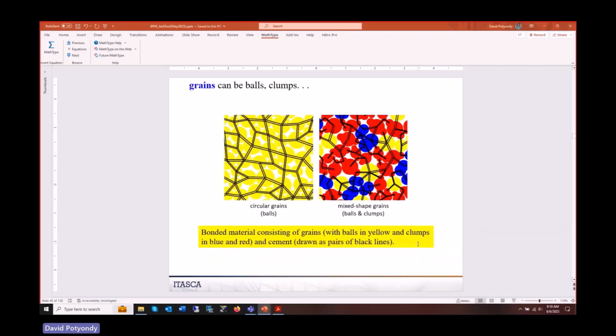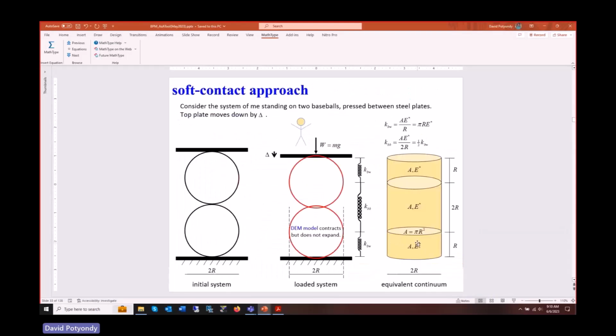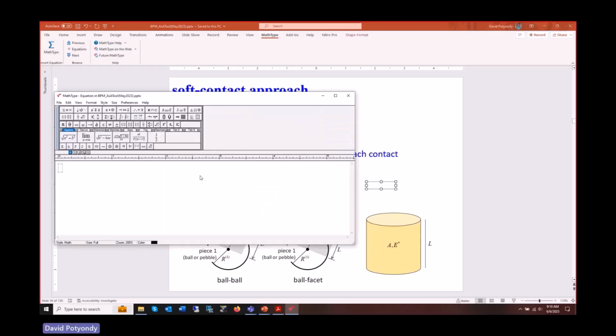I did a bad job explaining this, so we're going to spend two to three minutes on it. Look at this. How do we get K equals AE over L? There's our little thing. We assume it's a cylinder. What would be the equivalent stiffness in terms of those parameters? For a uniaxial case, we're just looking at the normal direction.